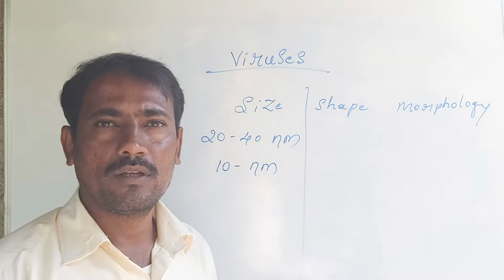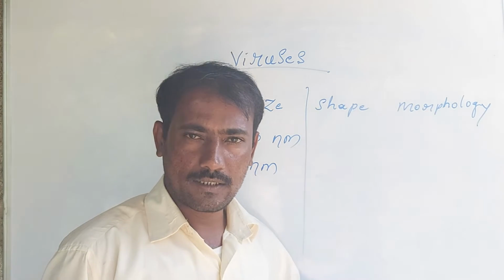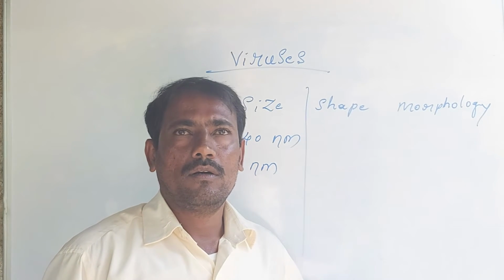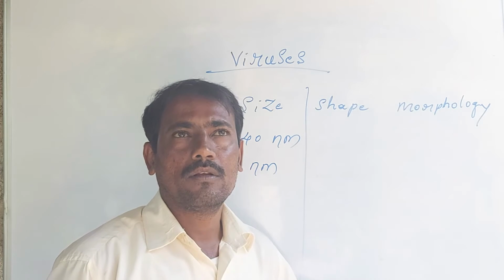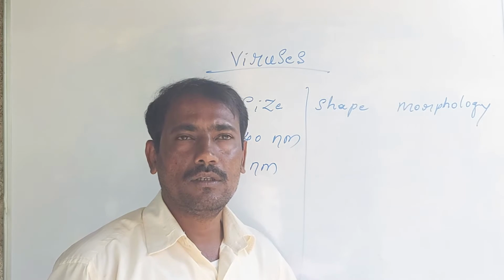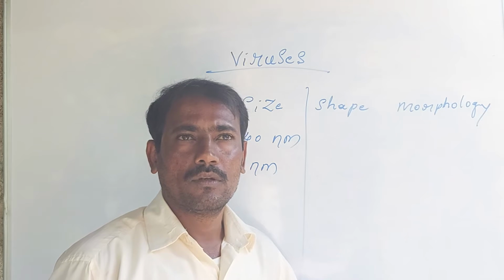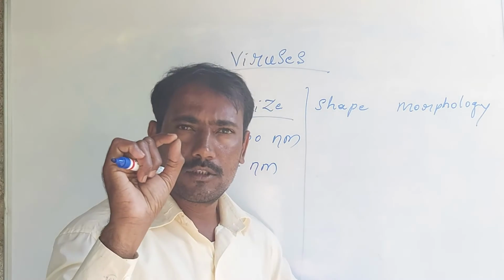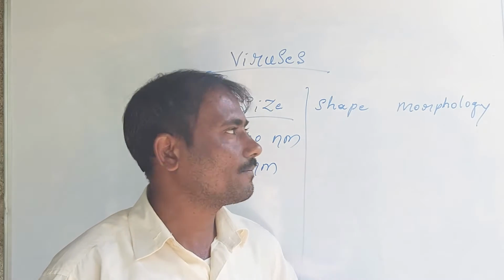TMV, the tobacco mosaic virus, which was the first virus studied in a detailed way after the discovery of viruses, is 250 nanometer long. So these are the smallest and simplest microscopic organisms, much smaller than bacteria.